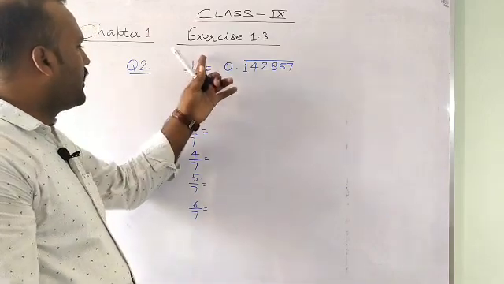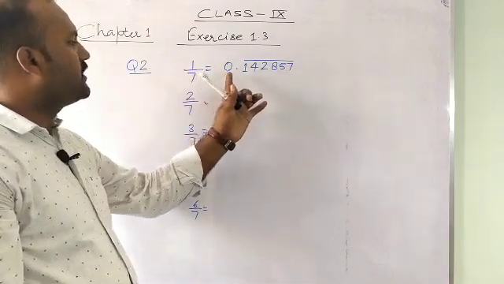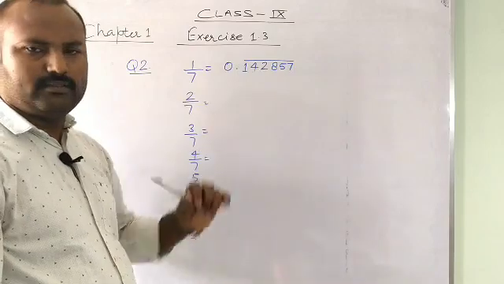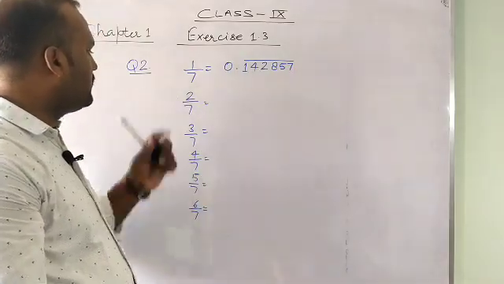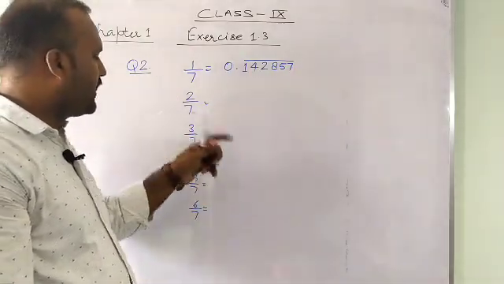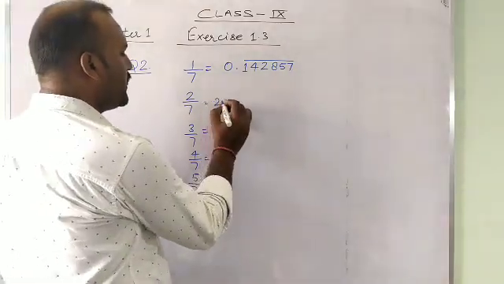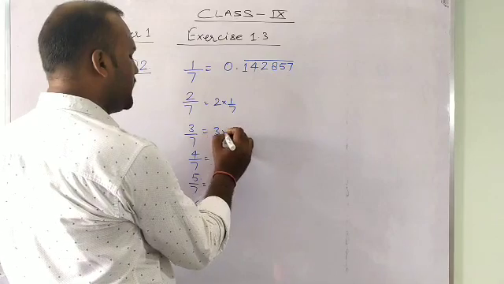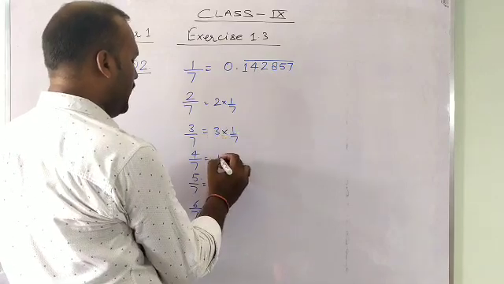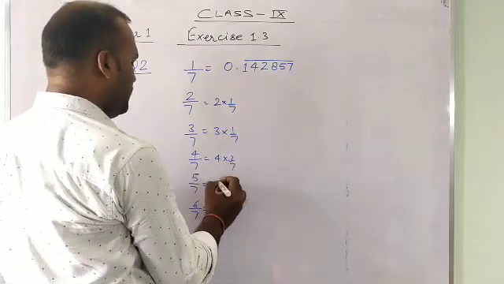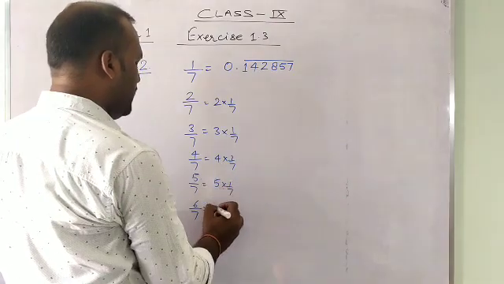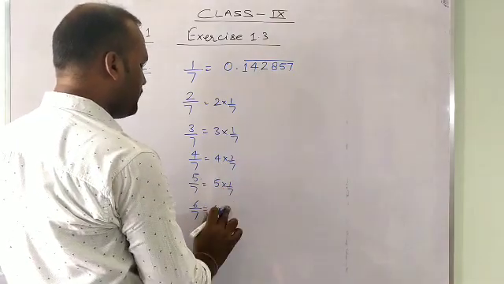You are given 1 by 7, whose value is 0.142857. See carefully: 2 by 7 is 2 into 1 by 7, 3 by 7 is 3 into 1 by 7, and so on up to 6 into 1 by 7.